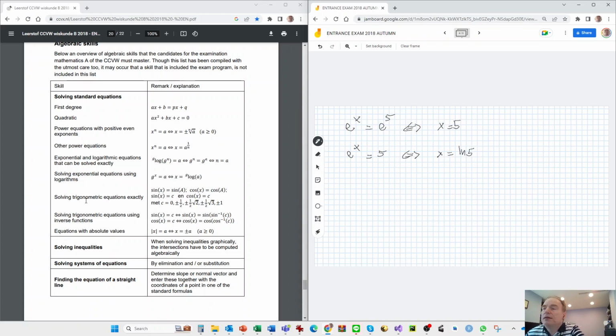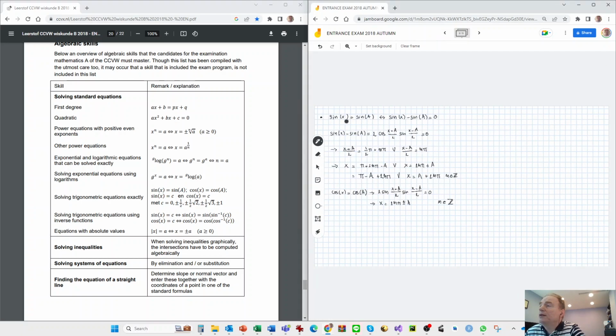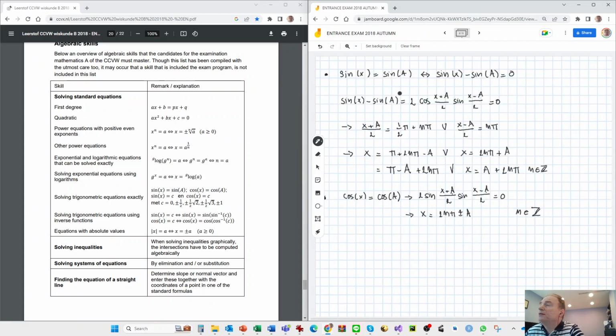And then with trigonometric equations it can be a little bit tricky actually. They don't work this out here, but I've seen this in several exams, that you have something of the form sine x is the sine of something else, or the cosine is the cosine of something else. And you would easily say, okay, if the sine of x is the sine of a, then it means x should be equal to a.